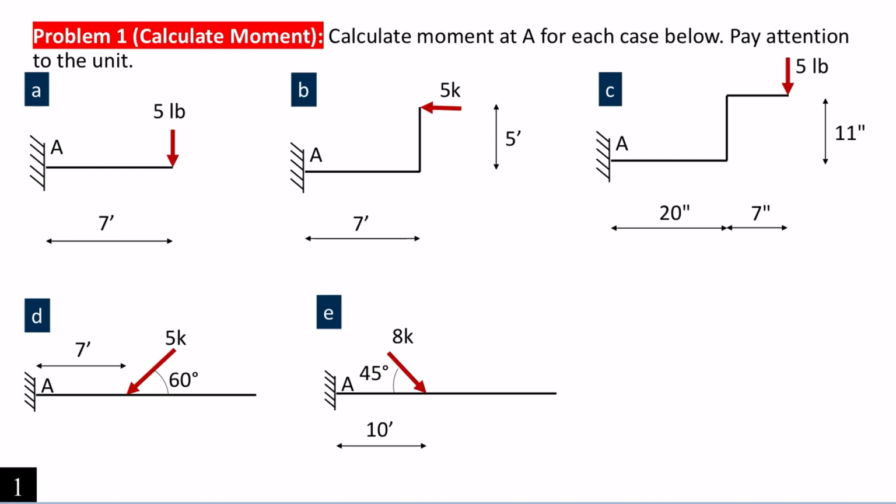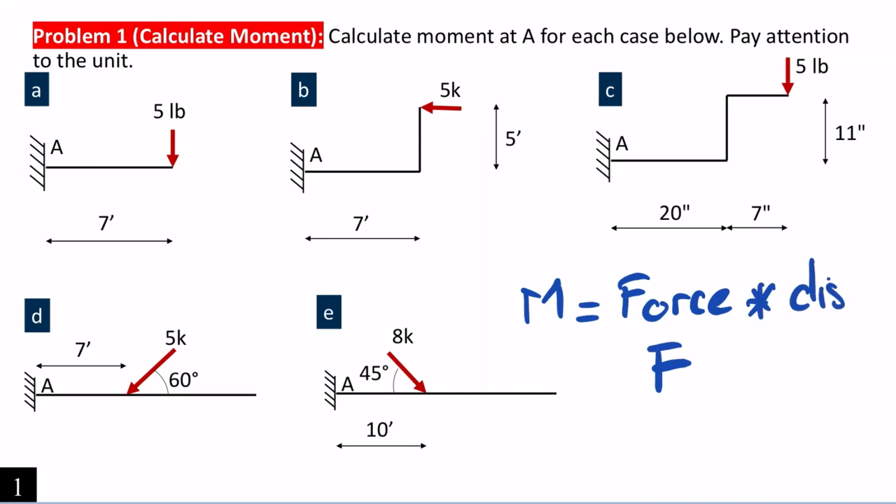Let's take a look at this problem. Problem 1, calculate the moment. From the note that I showed you, moment is always equal to force multiplied by distance, usually F multiplied by D. As long as you have the force multiplied by distance, the distance here is not the normal distance, it is the perpendicular distance.